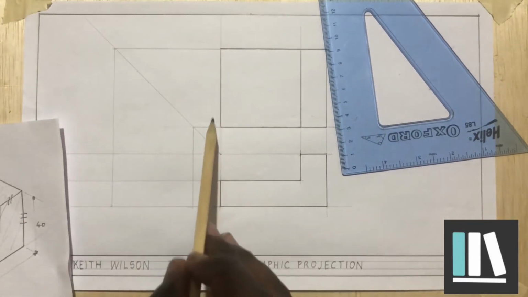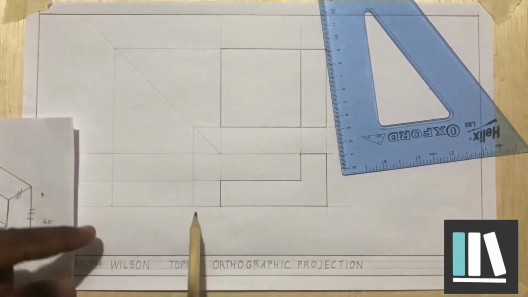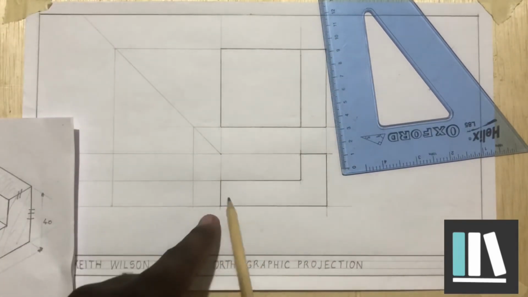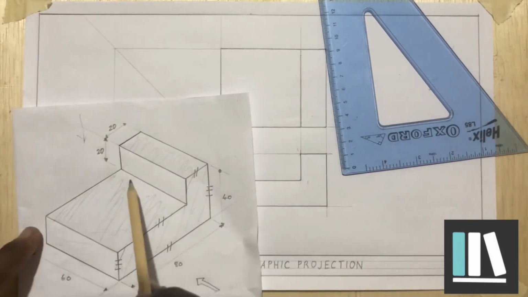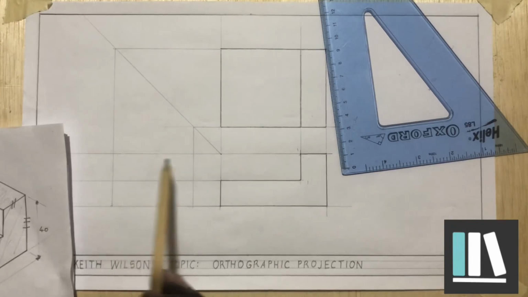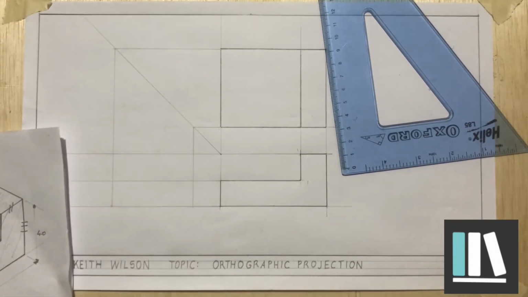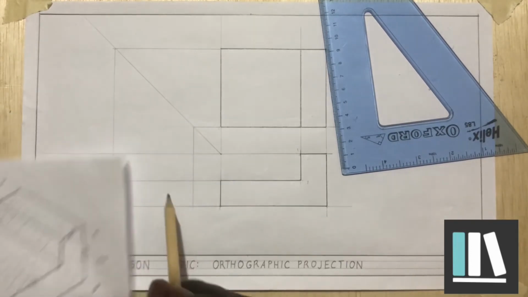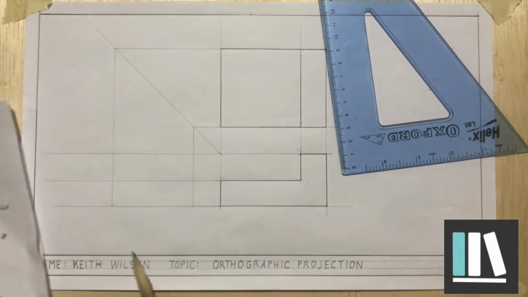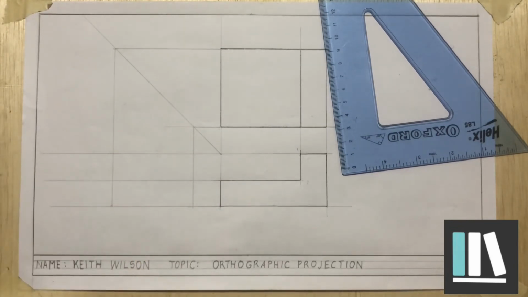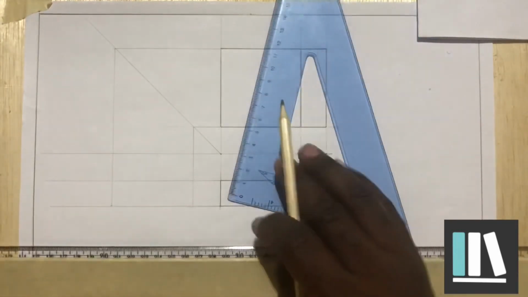This I measured 60 millimeters, and as you notice, this measurement has been transferred 60 millimeters. I measured this line 20 millimeters, as was seen on the drawing. As you realize, it has been transferred. So you're seeing this face here, and you're seeing this face here, and this face here. So let me go ahead and outline that shape for you.